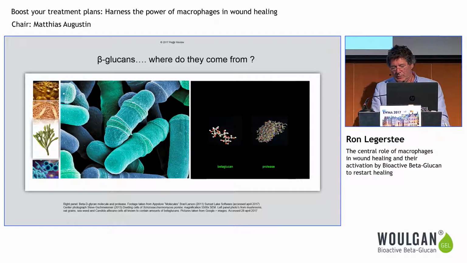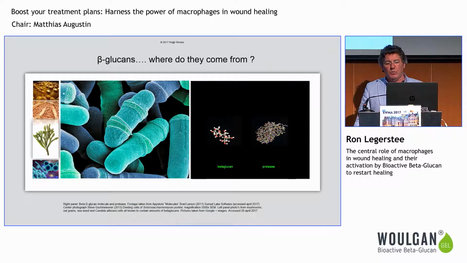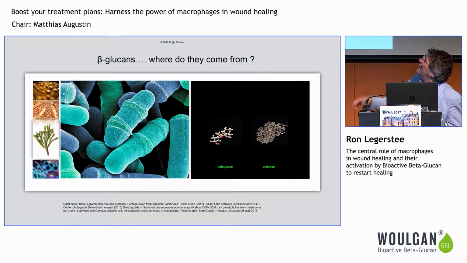Many plant materials contain beta-glucans in their cell wall. And here you see the complexity of a protease, which is being broken down at high levels in complicated wounds. And here you see the relative simplicity of a molecule of beta-glucan.